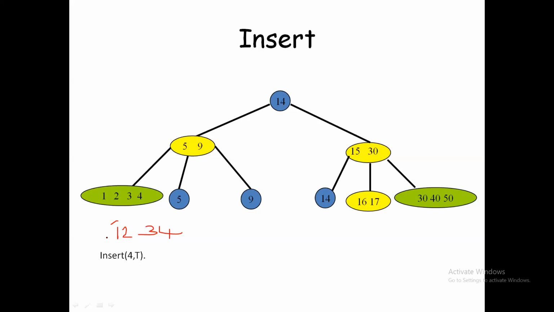So this is one node, 1, 2, and this is another node, 3, 4. Next, what should I do? I have to push one element, from either the left node or right node, to the ancestor node. Next, I'll show it.